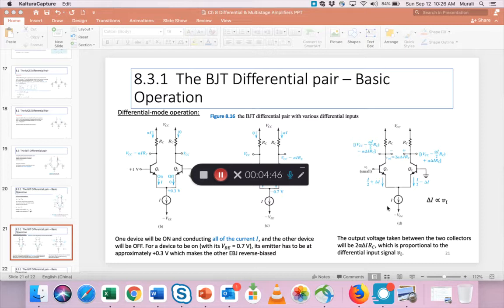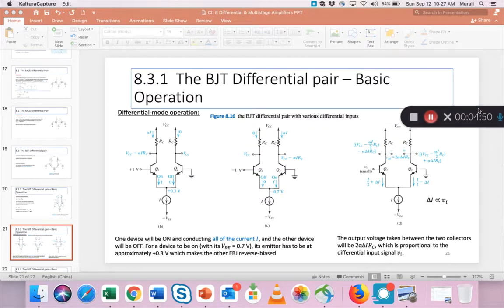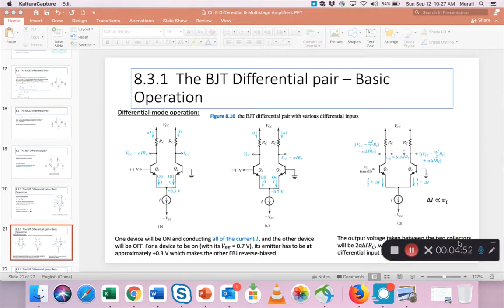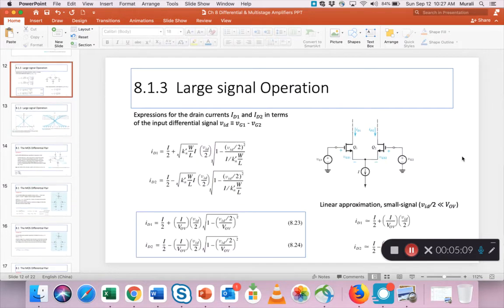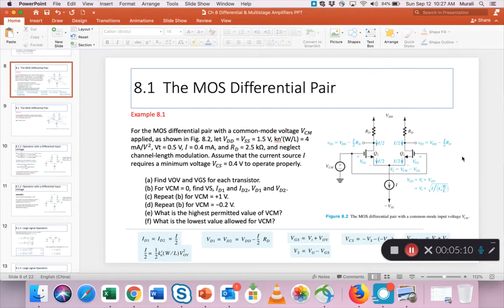But I hope with this little introduction to BJT, you at least learn that the BJT pair is also as useful and effective as a MOS pair. Okay. With that, I will move on to looking at some examples and problems.